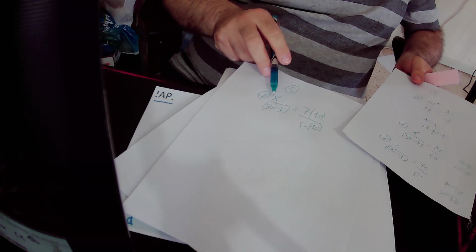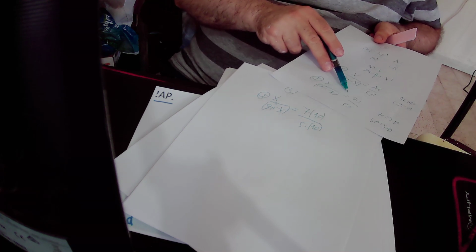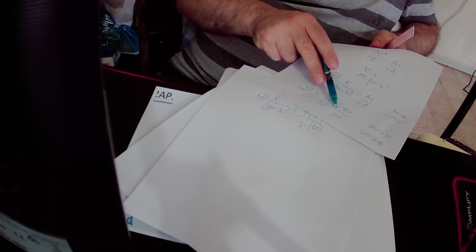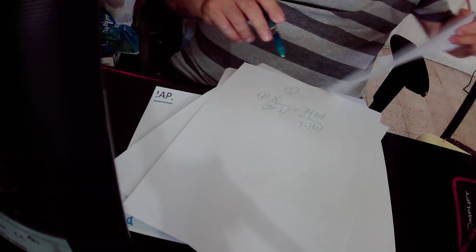Instead of 70 we wrote 7 times 10, and instead of 50 we wrote 5 times 10.